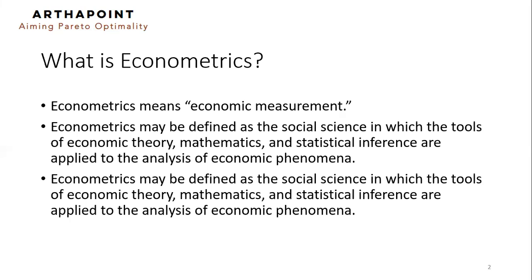One way it can be defined is as the social science in which the tools of economic theory, mathematics, and statistical inference are applied to the analysis of economic phenomena. What does this mean? This means that in econometrics, we are trying to measure the economic theory.